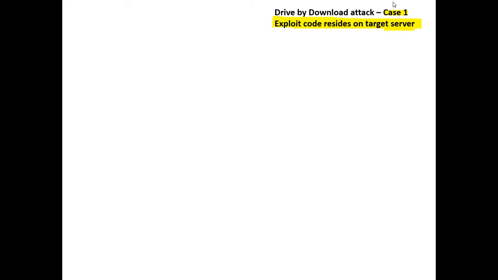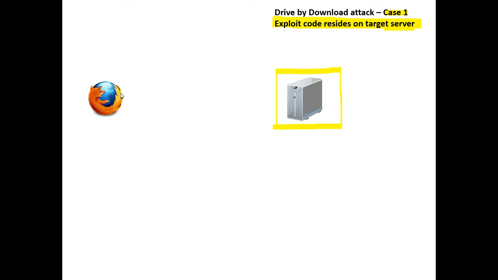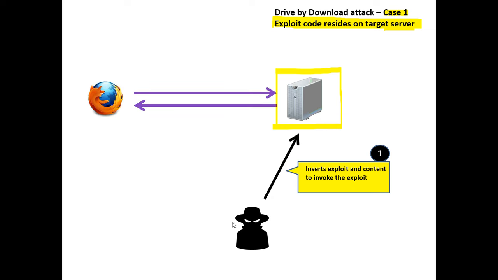Let me take a diagram to explain this. You have a browser and you are visiting vtu.ac.in, so this is the server of vtu.ac.in. You are visiting that page from your browser. This is an attacker, and he is going to insert two things: first the exploit, and second the content to invoke the exploit.